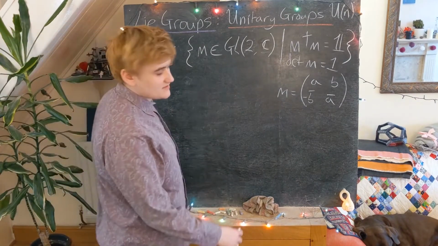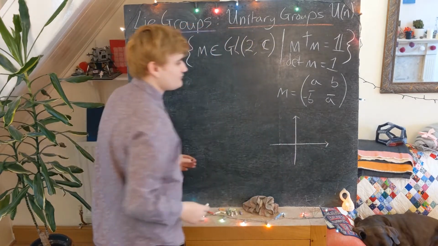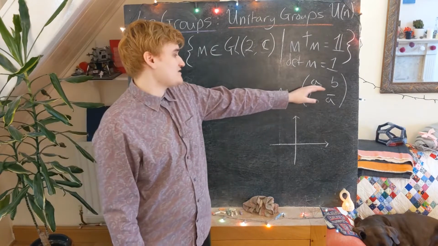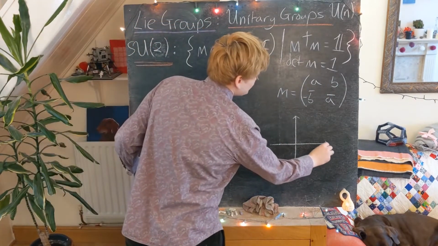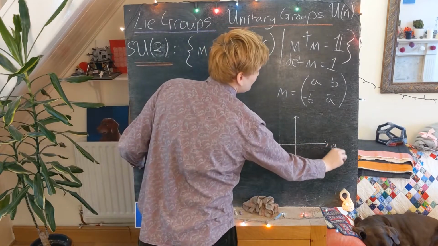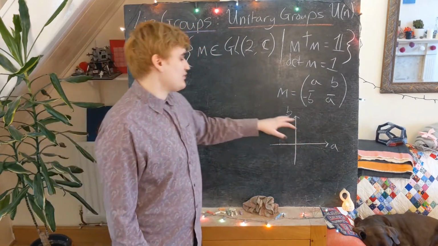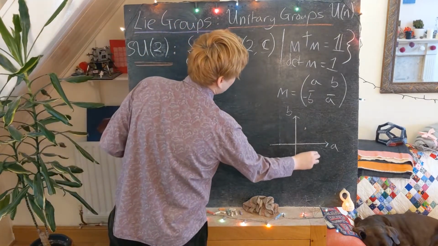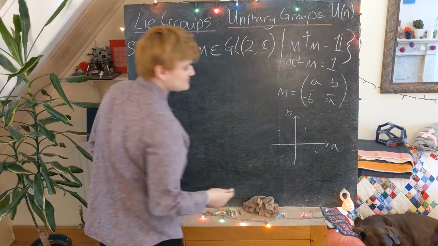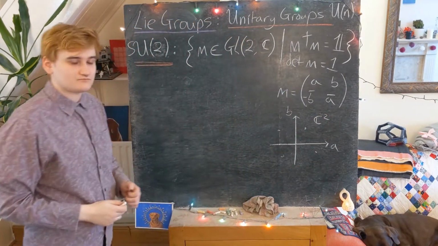I'm saying that now any SU2 matrix we can just express in terms of its matrix elements, A and B. And so if I let these two now variable axes kind of correspond to A and B, any SU2 matrix is just going to be lying in some point now in this space C2.